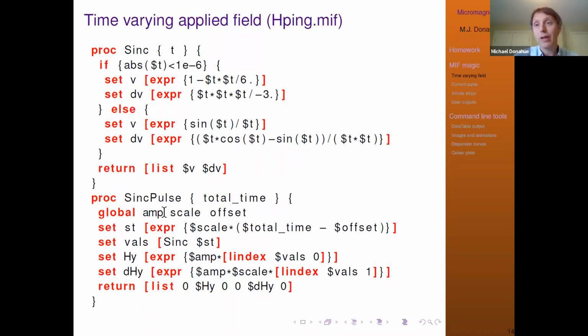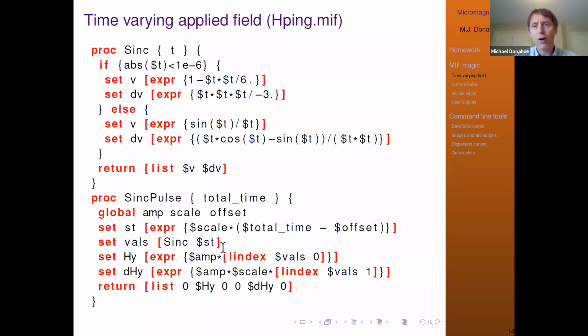The proc that I'm going to be using inside the script field file is sinc pulse. It's going to take an input, the time index, and it just computes this, it sets up the offset and the scaling that you want for the sinc pulse, and then it sets hy equal to that.